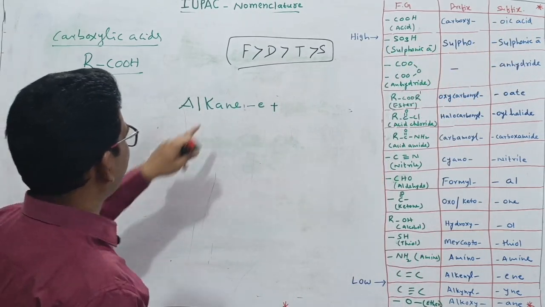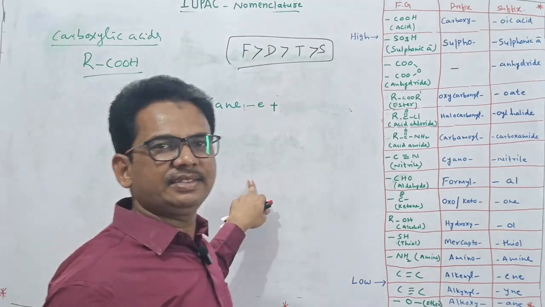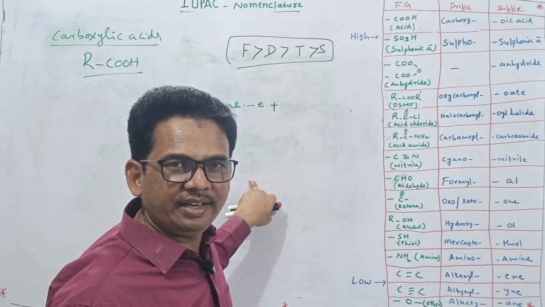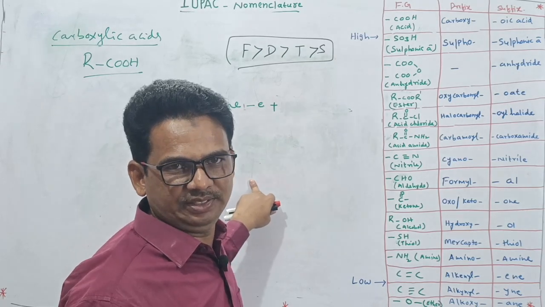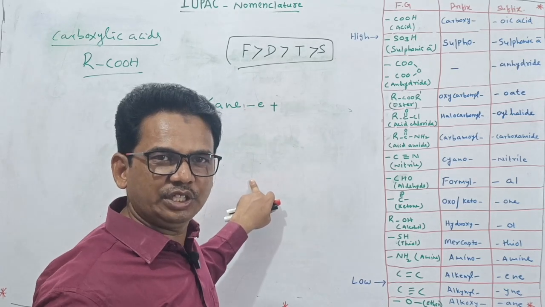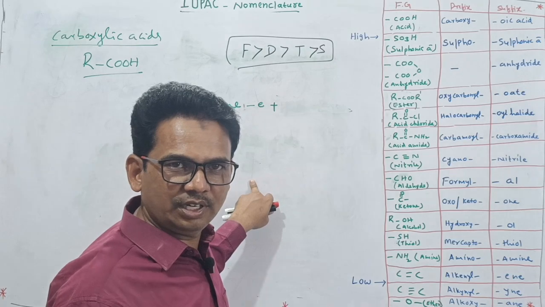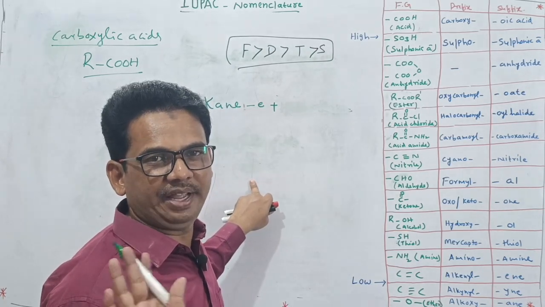Whenever a functional group is there, we have to write that functional group as the suffix. You cannot write it as a prefix like halogens. This difference you have to remember. Only for halogen we write the prefix, but for all functional groups we write the suffix.